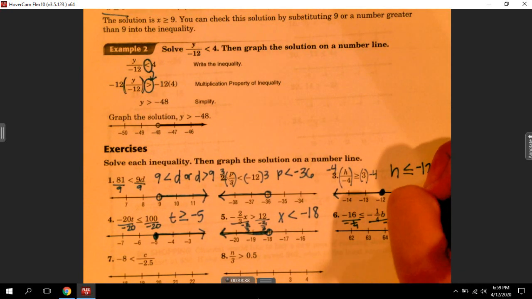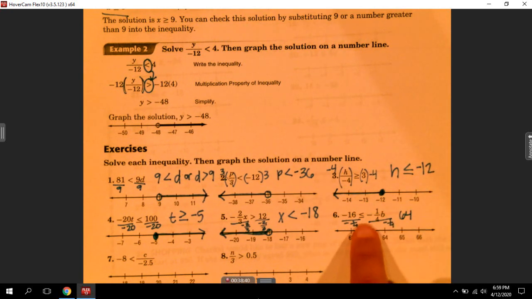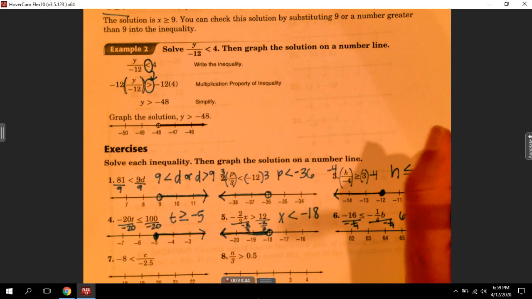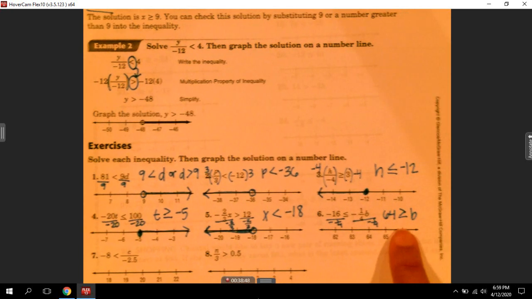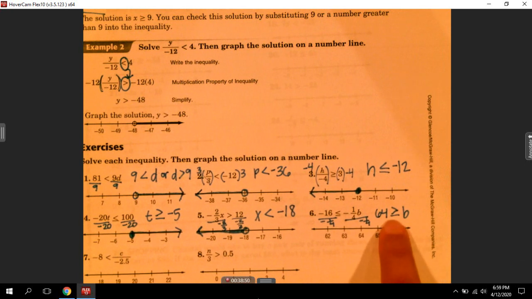So 64 is greater than or equal to, I've got to reverse that, greater than or equal to b. Okay. This is another one where the variable is not first, so we want to switch it to where it is first.